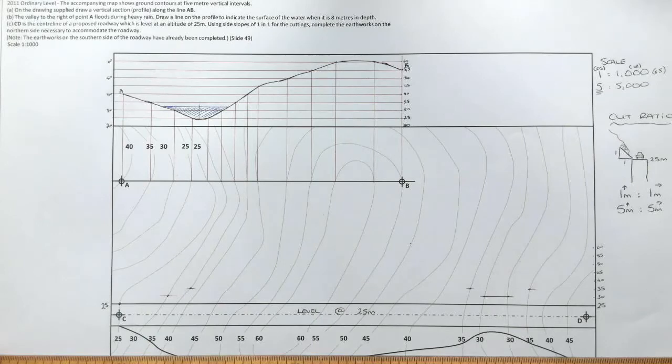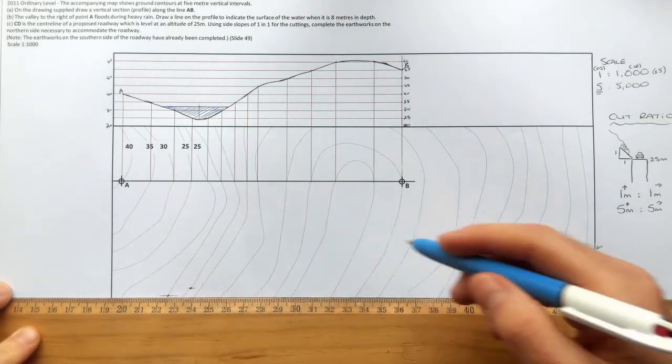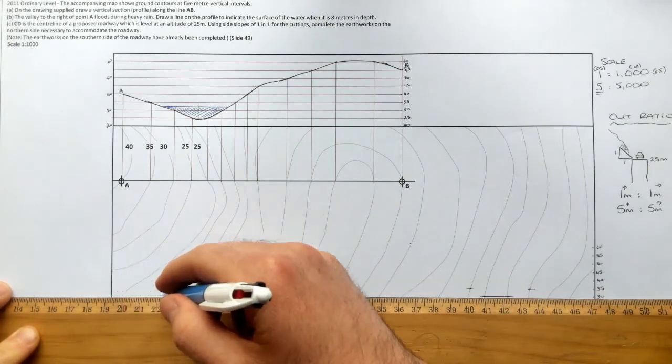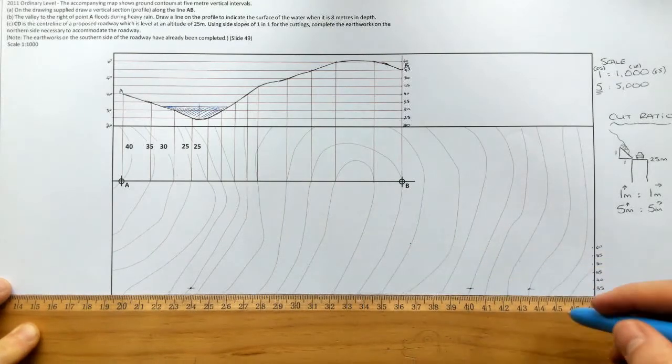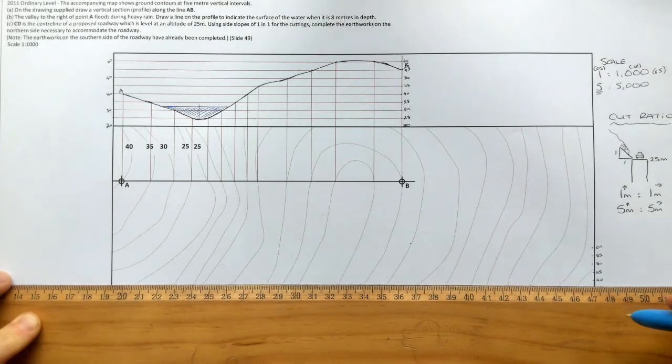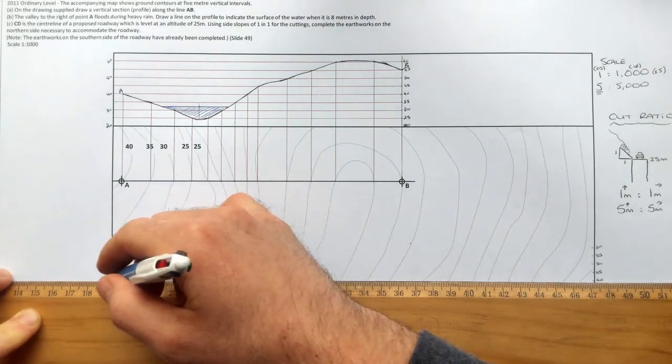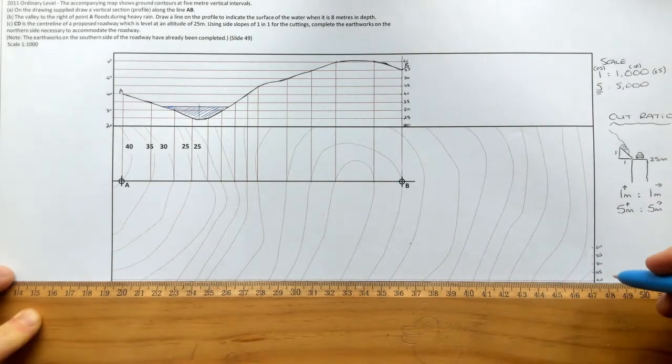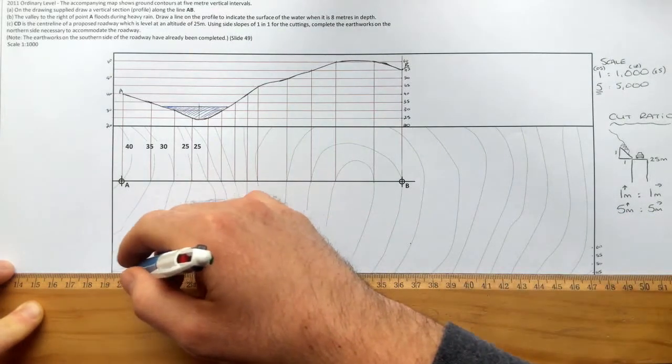I do find myself personally though, and I'm just going to start it now, that was just to show you for demonstration purposes, but I do find personally the quicker way is to just put them in, provided you're very neat and tidy, obviously using a 2H pencil for your construction lines, putting them all in neat and tidy. I am using biros for the sake of the video here.